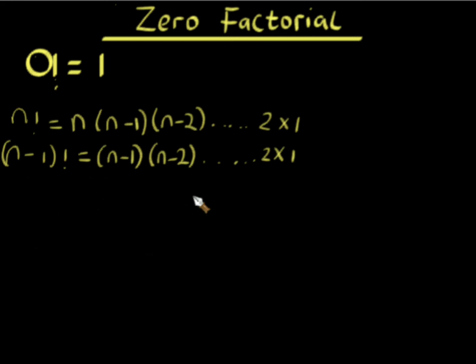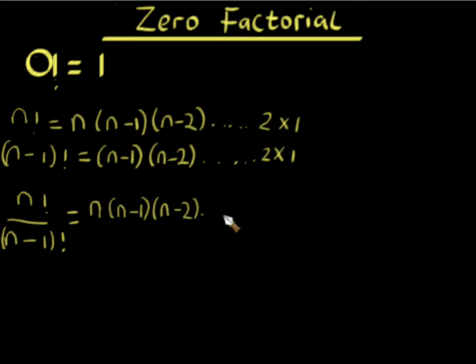Now, if we are to find n factorial divided by n minus 1 factorial, how do we do that and what do we get? What we're going to do now is put all the values of n factorial at our numerator. So n factorial gave us n multiplied by n minus 1 multiplied by n minus 2, and that continues till you get to 2 times 1.